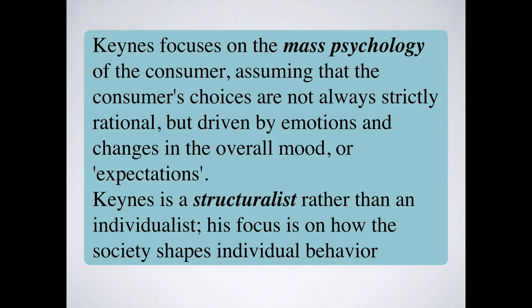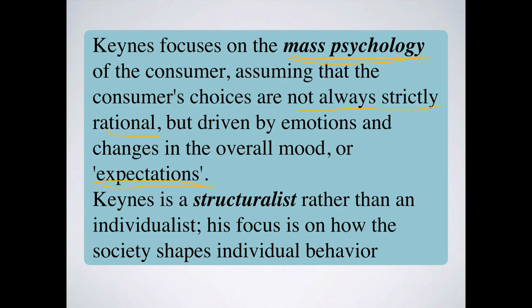All right, so Keynes' focus is on the mass psychology of the consumer. He is assuming that consumers' choices are not always strictly rational, but instead they're driven by emotions, changes in the overall mood. This is what Keynes meant when he talked about expectations.